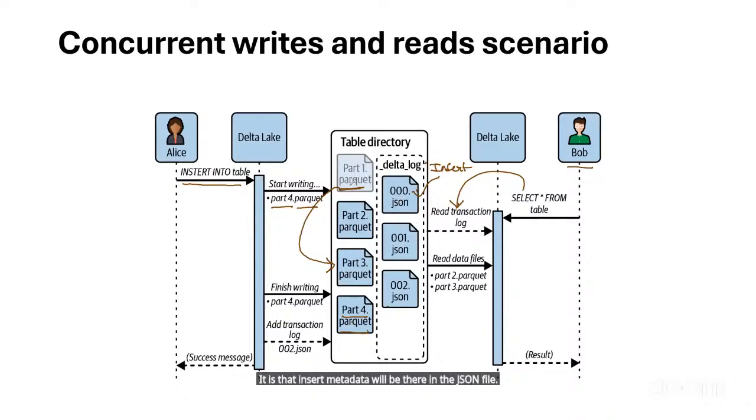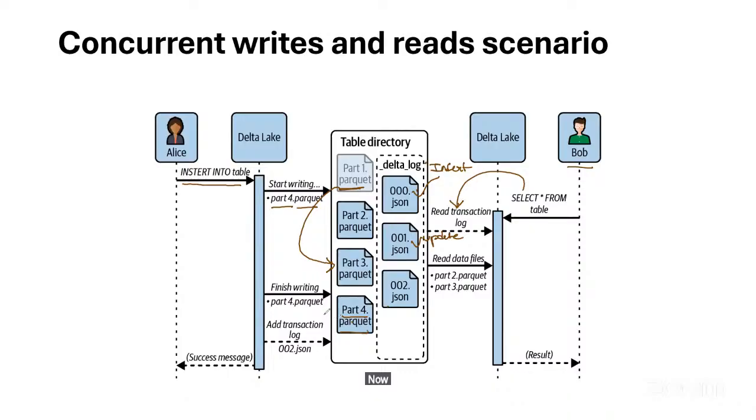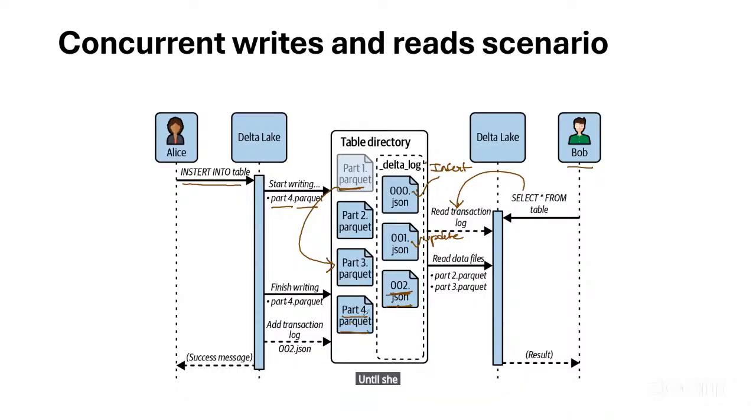And then she updated this part 1. That update data will be available here in this log. Now she's trying to insert some more data, which is this one, the transactional log. But this transactional log will not be available until she finishes writing the part 4 parquet.